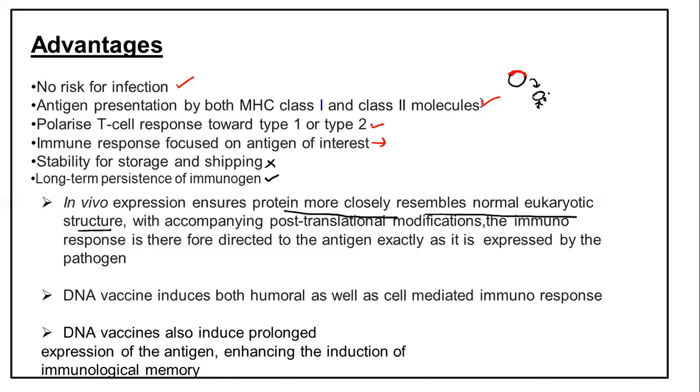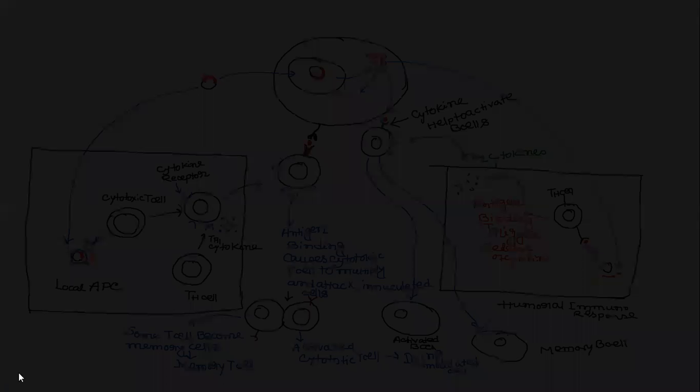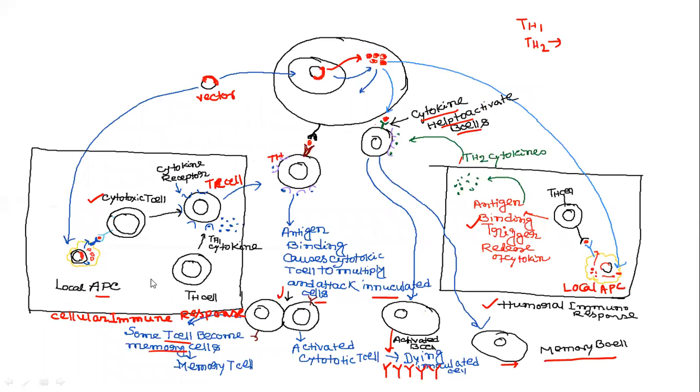And the DNA vaccines induce both humoral as well as cell mediated immune response. We have seen that these are the cell mediated immune response, and these are the humoral immune response, the B cell mediated antibody response, and this pathway is for cell mediated immune response.